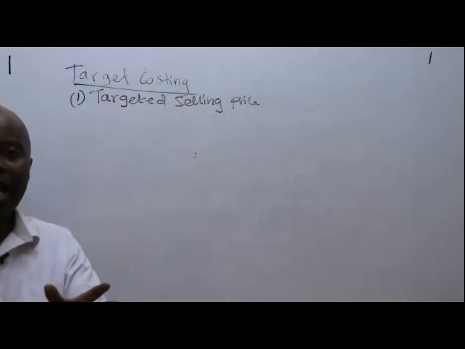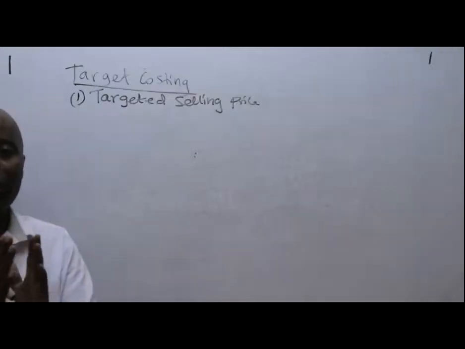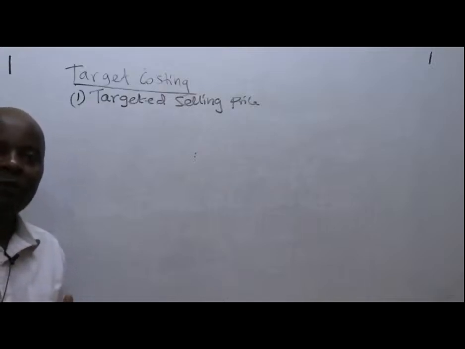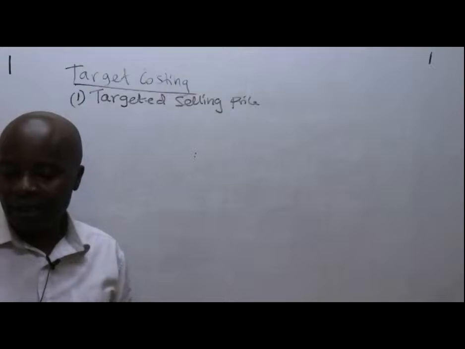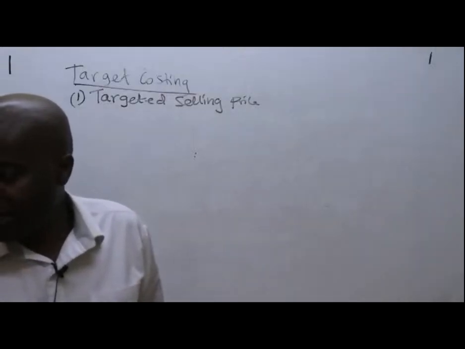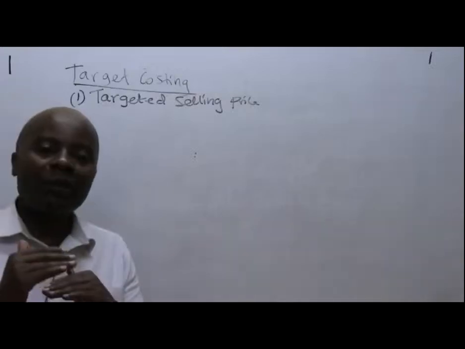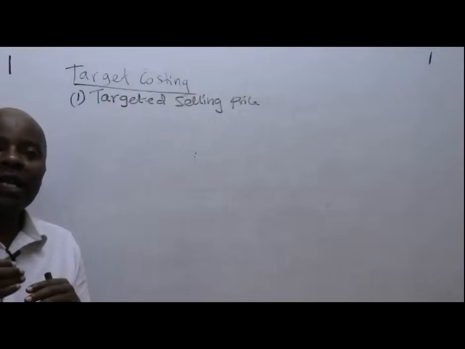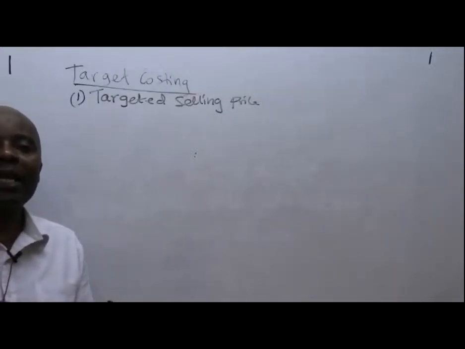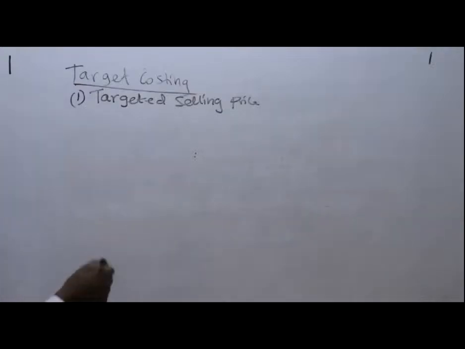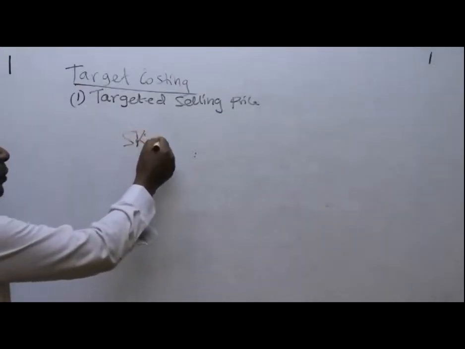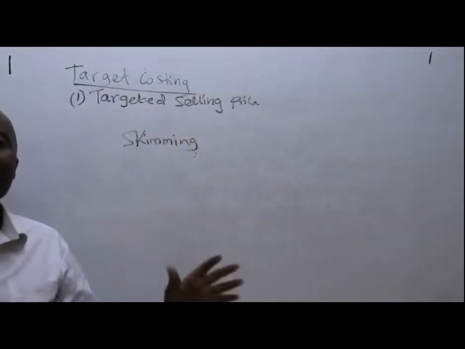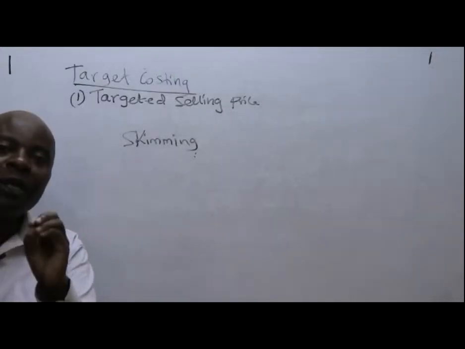Out of all those prices, I should be able to come up with an appropriate selling price for my business. I'll decide whether I want what we call a market penetration price, where I charge a very low price to gain entry to the market, or if it's really a new, very unique thing, I can decide to charge what we call a market skimming price, applicable to goods that have been innovated.